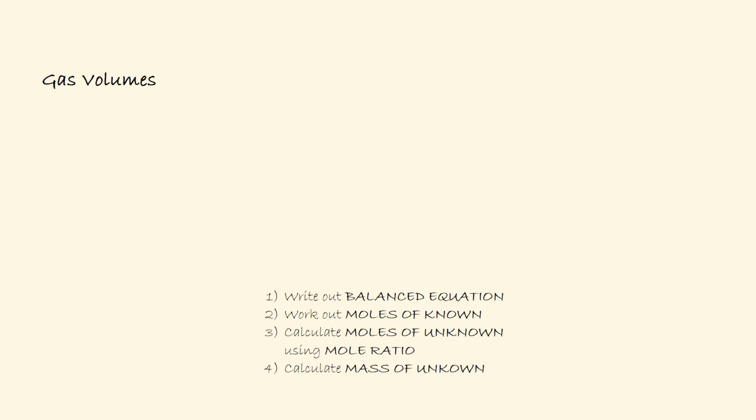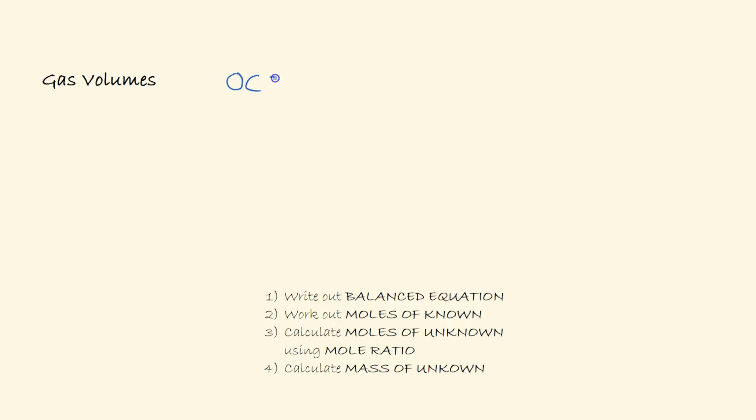So we are going to do these calculations in exactly the same way that we have done both the reacting mass calculations and the titration calculations, but we're going to use our equation here for gas volumes, which is slightly different. Because there's a lot of space between all gas molecules, we can assume that all gases occupy the same volume.